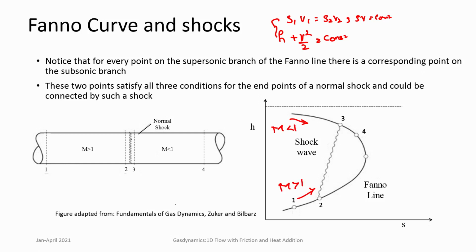So one can always find two points, say 2 and 3 here, that correspond to a normal shock, states across a normal shock. So if you have a duct where the inlet is supersonic and there is a possibility of a shock occurring within the duct, then that shock can be located on the Fanno curve.